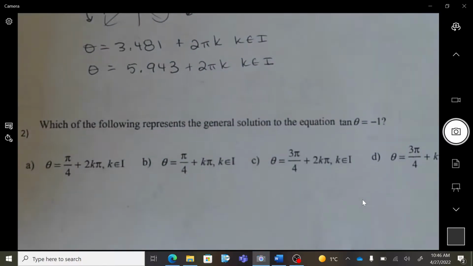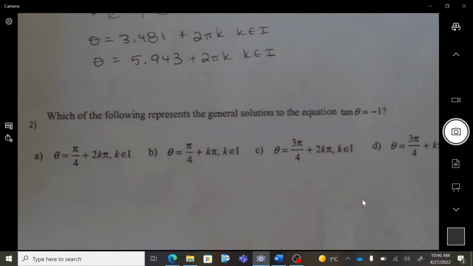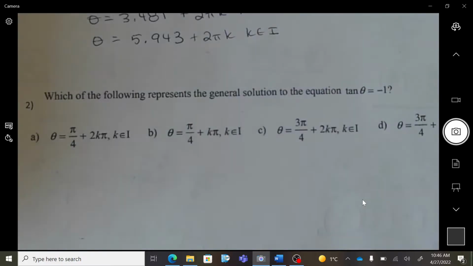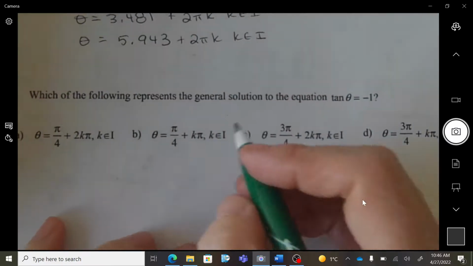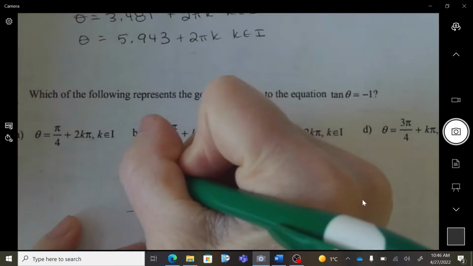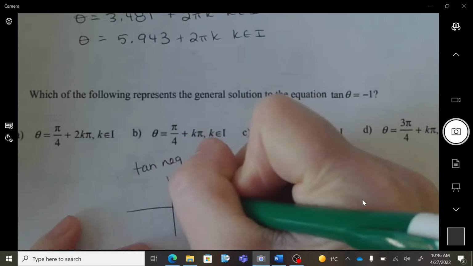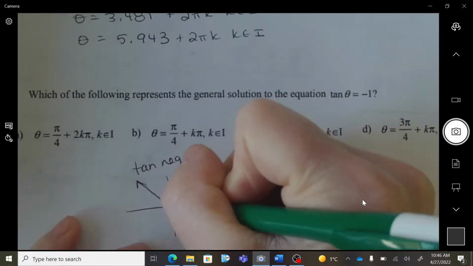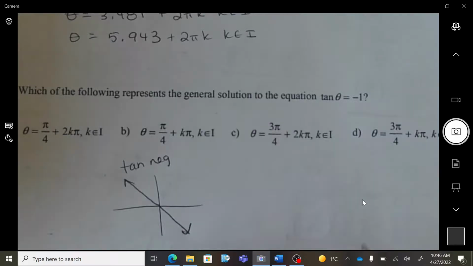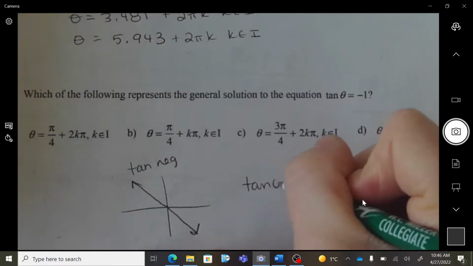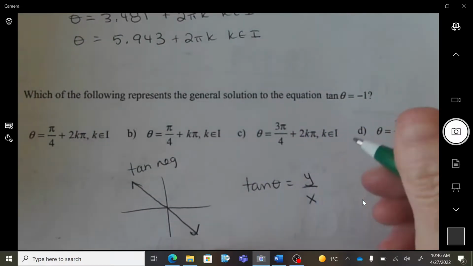Okay, which of the following represents a general solution where tan of the angle equals 1 or negative 1? So tan is negative in here and here, and tan of an angle is a y divided by an x.